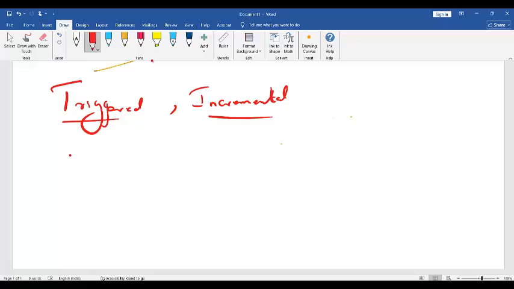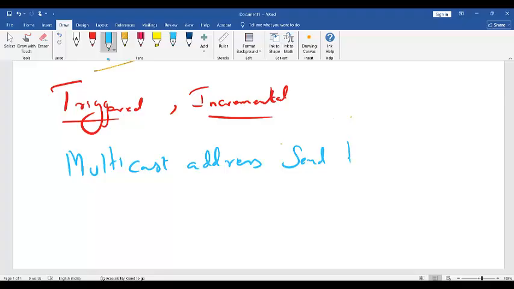Moreover, EIGRP uses a multicast address to send hello packets, updates, etc. Whereas RIP version 1 was using broadcast, version 2 was the same as this.